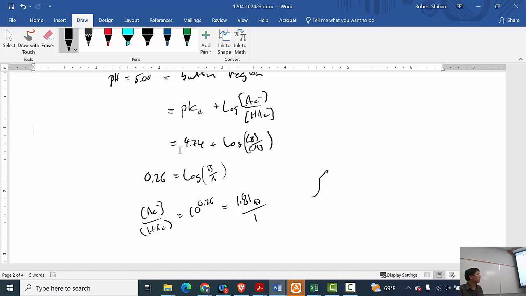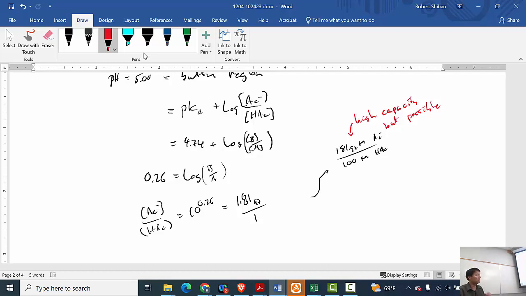I could make this 181.97 molar acetate over 100 molar acetic acid. This would be very high capacity. But possible? I don't think it's possible because the concentrations are too high.